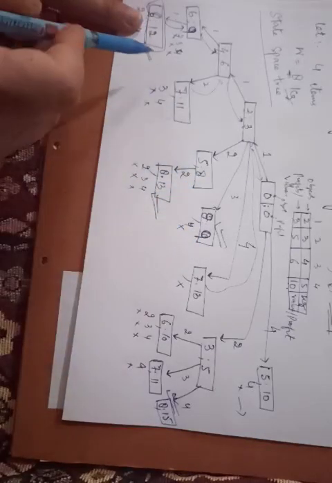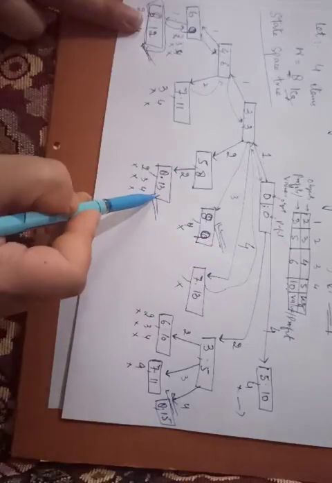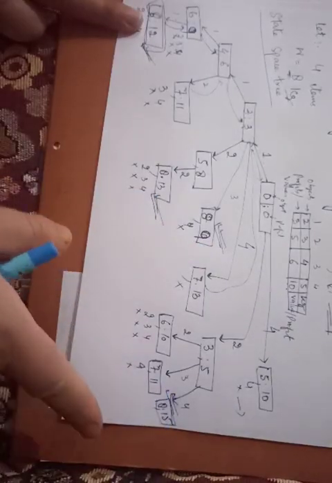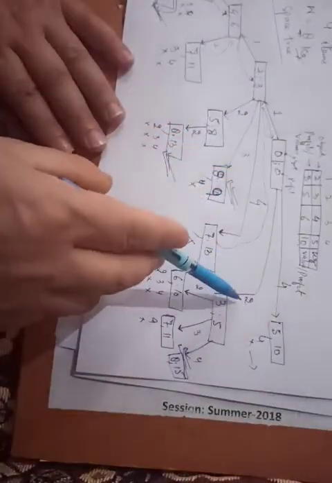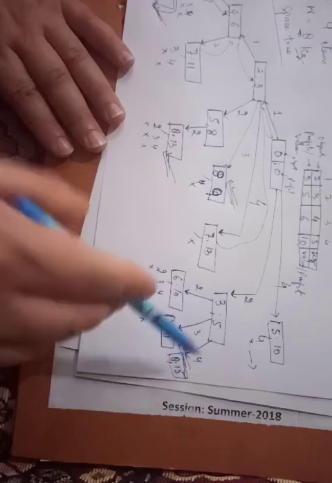Out of all these things, out of this one, this one, this one and this one, the maximum profit जो मुझे देता है, जो मुझे yield करके देता है, that is this, by taking the object number 2 and then by taking object number 4.